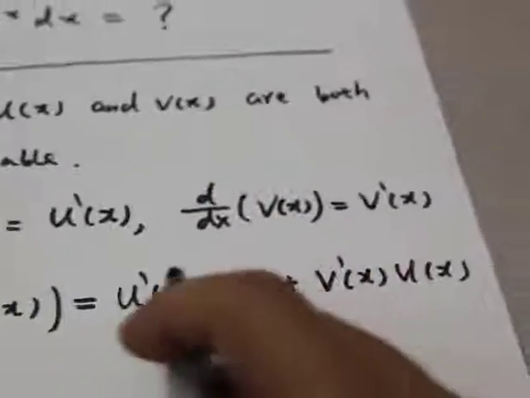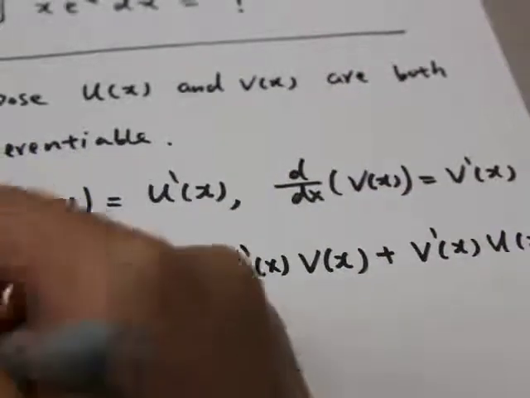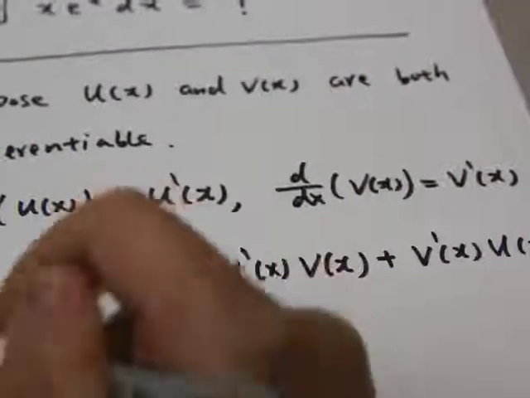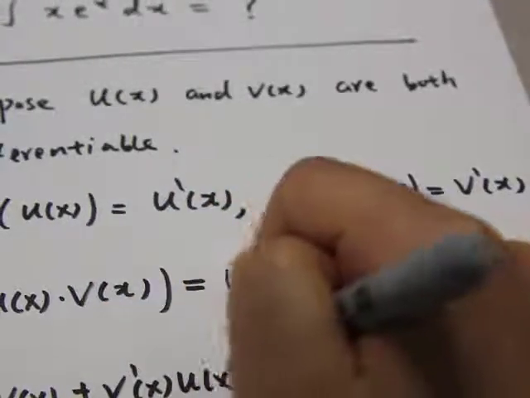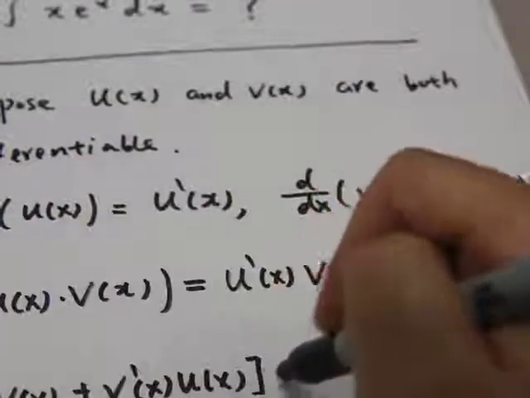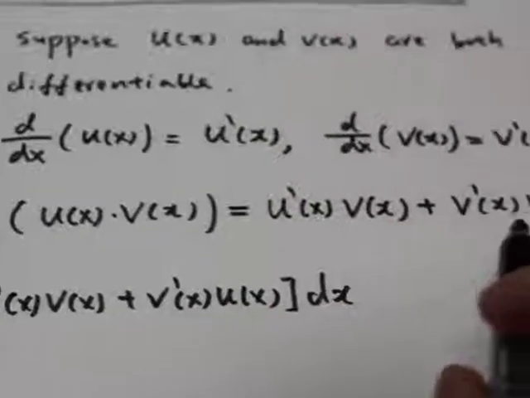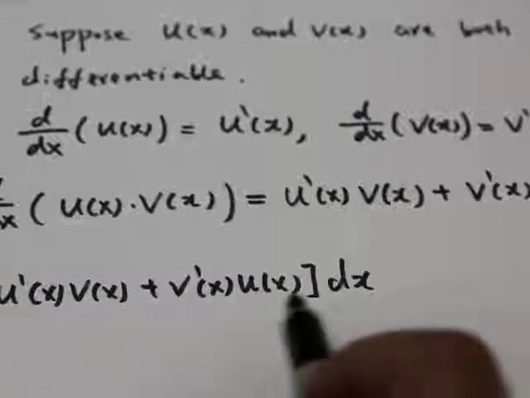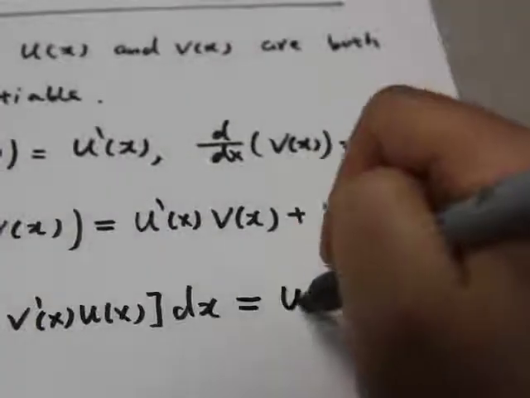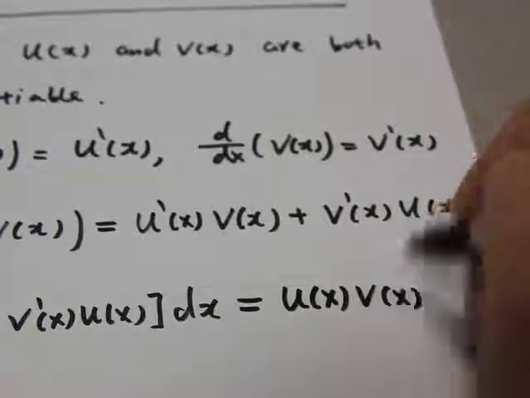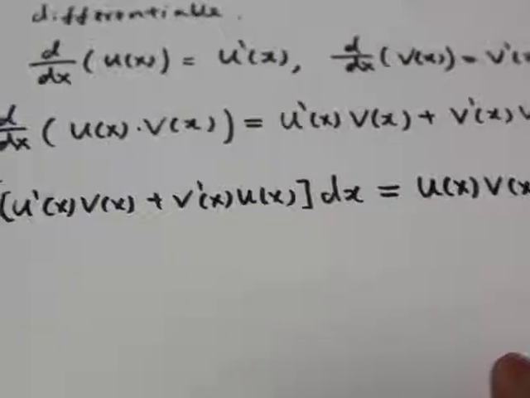Therefore, if we integrate the right-hand side, if we integrate this expression, the result is going to be equal to u(x) times v(x), right?